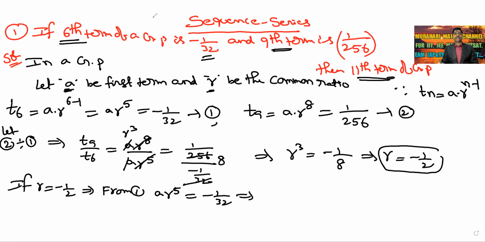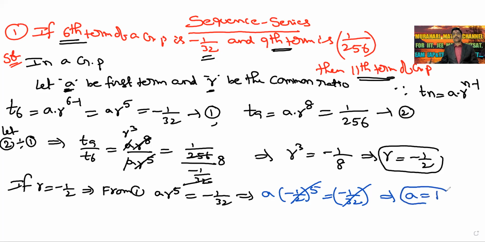It is going to be A into R value, minus 1 by 2 to the power 5, equal to minus 1 by 32. So on both sides, minus 1 by 32 gets cancelled. So A is equal to 1. So the first term A is equal to, we have got 1.